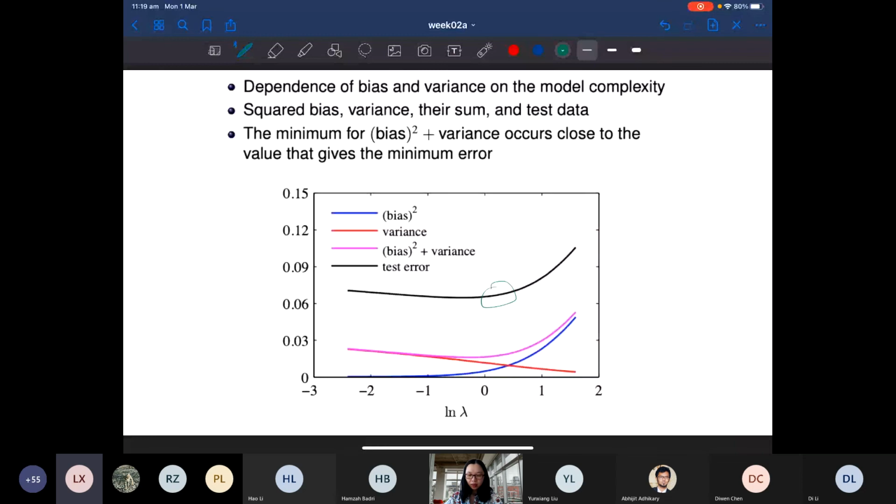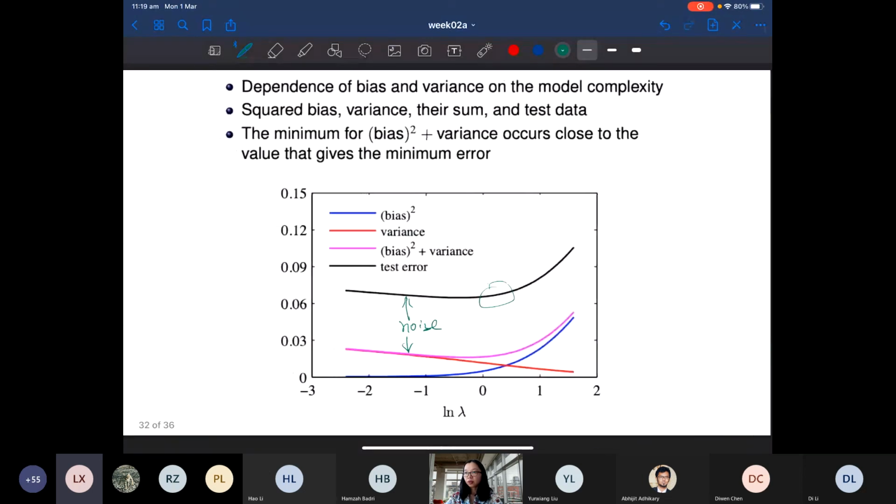The variance goes down as lambda becomes bigger, but the bias goes up as lambda becomes bigger and the model becomes less expressive. We can think of the bias and variance combination as one component that contributes towards the test error, and what goes in between is noise, right?